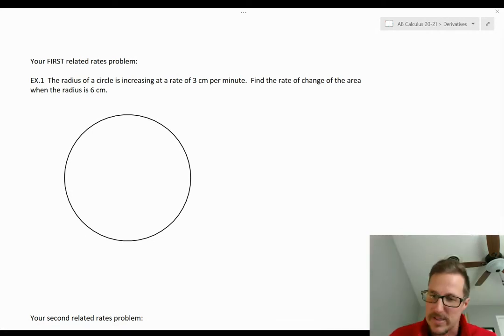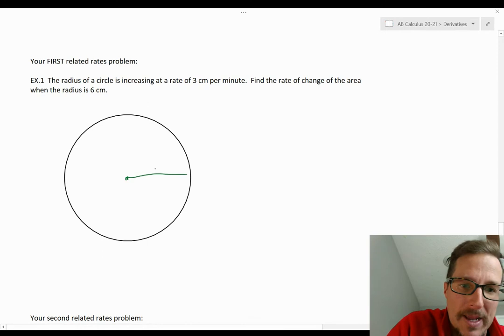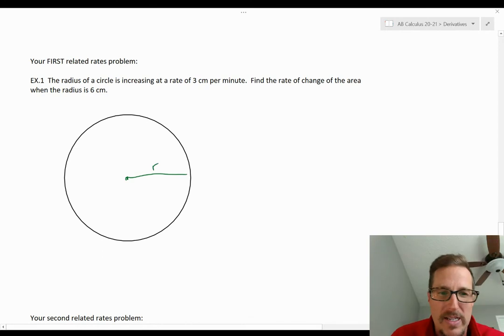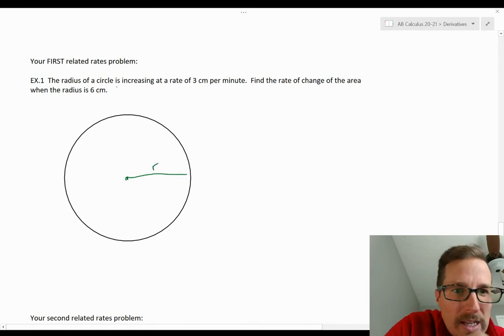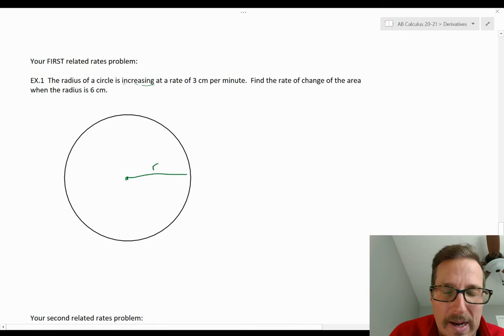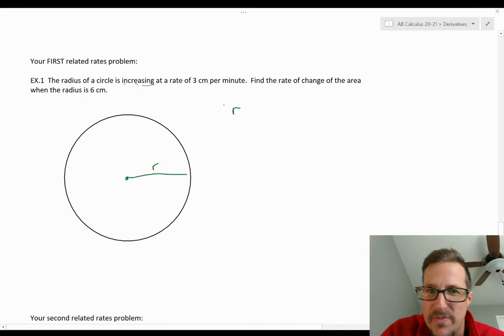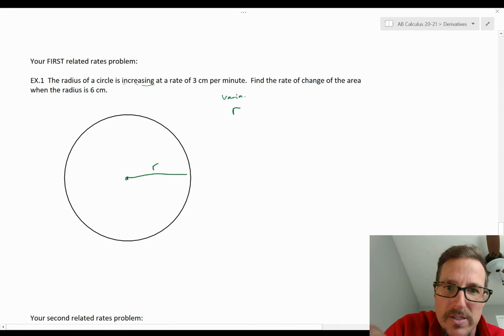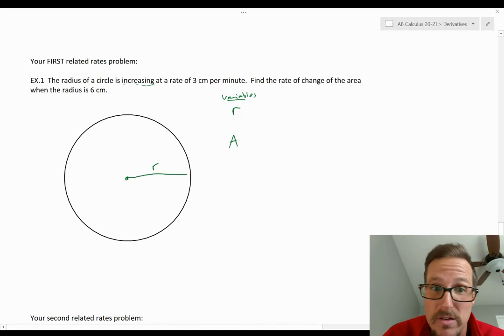Okay, so I've got the circle there. What's happening? The length is a radius. It says the radius of a circle is increasing. So R is one of the variables in my list here. What else? A, the area of the circle.